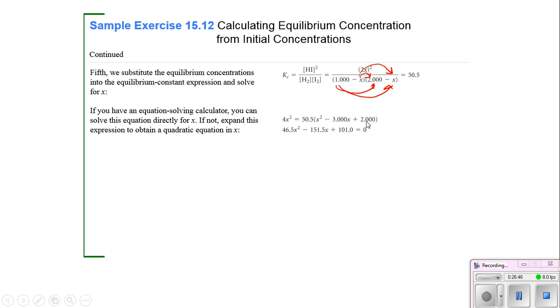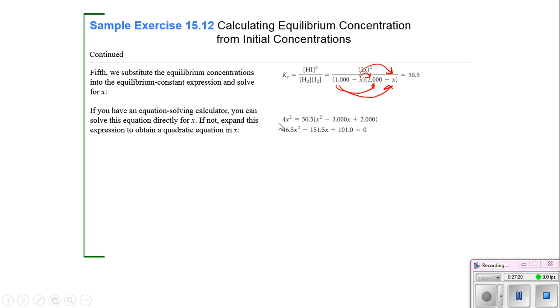Okay. And essentially what we're going to do is we're going to have to multiply the 50.5, because we were given that as our Kc. When we do this and we multiply the 50.5 by the bottom section here, so we're referring to this bottom section, we're going to now have 4x squared on the other side.